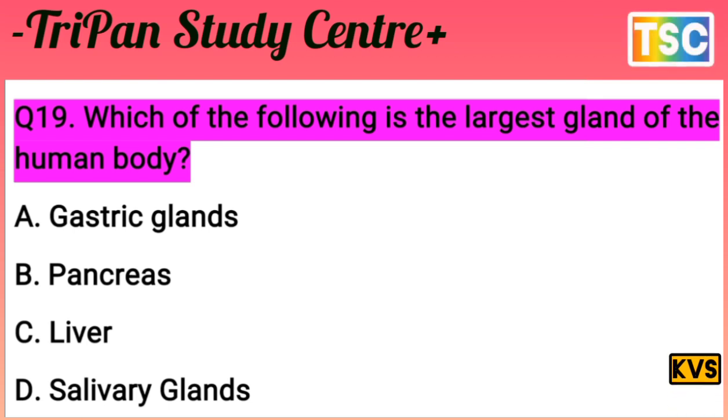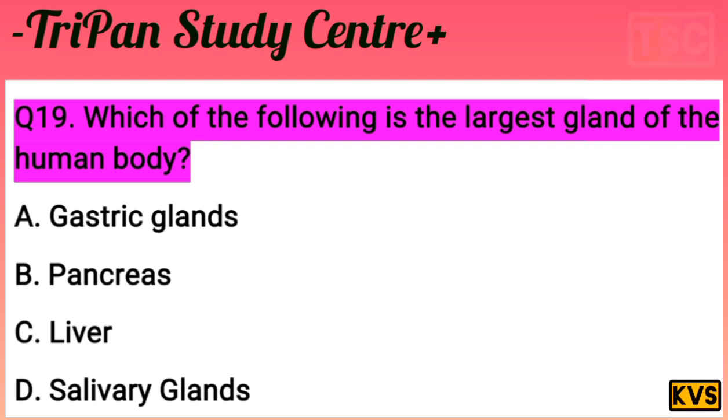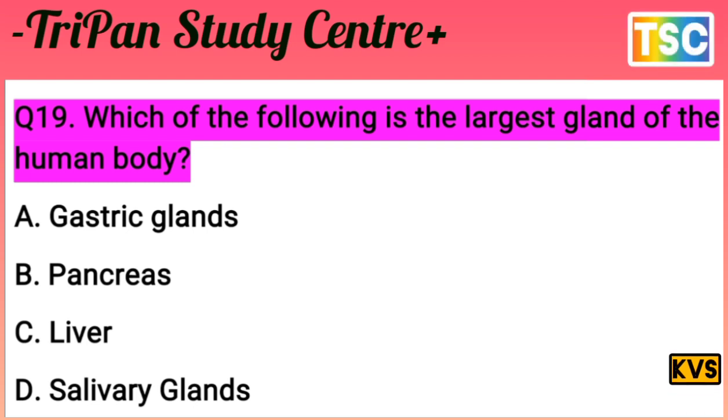A. Gastric gland, B. Pancreas, C. Liver, D. Salivary gland. First of all, understand that the liver is the largest gland in the human body.